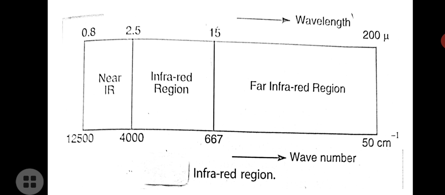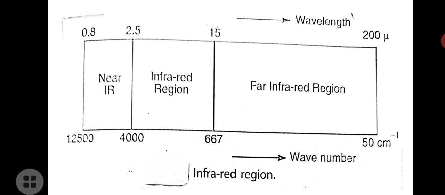One region is the near infrared region, then next is the infrared region, and then comes the far infrared region. At the top, wavelength is shown, and at the bottom, wave number is shown. The absorption of infrared radiations can be expressed either in terms of wavelength or in wave number.